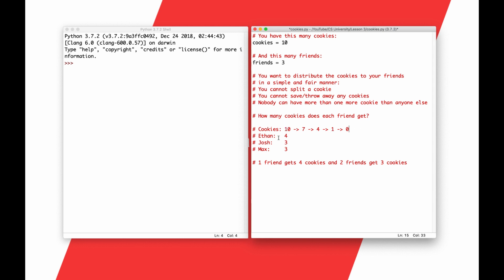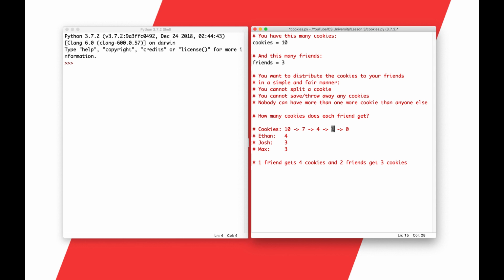We're basically repeatedly subtracting the number of friends, and every time we do that, each person gets 1 cookie. We had 10, we subtracted 3, which means that each of our 3 people got 1 cookie. Then we subtracted another 3, each person got another cookie. We subtracted another 3, each person got 1 cookie, and now we've gotten to the point where we can't subtract 3 anymore because we only have 1 cookie left.